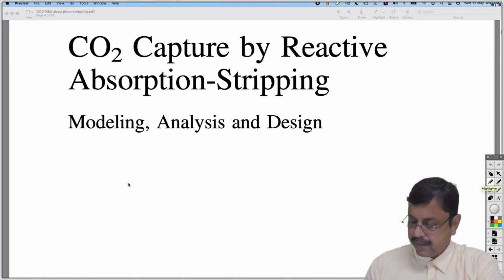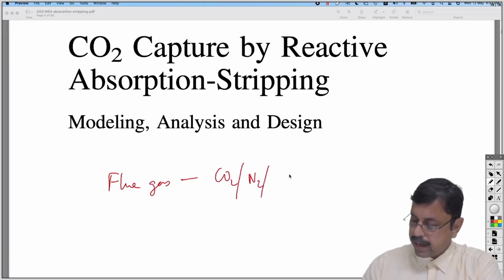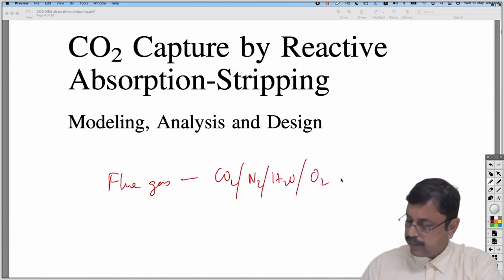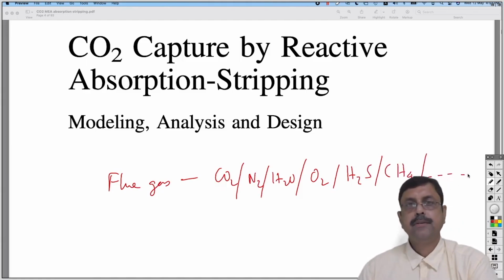Now, the flue gas is basically a mixture of carbon dioxide, nitrogen, water vapor, unreacted oxygen, H2S, methane, and other impurities.